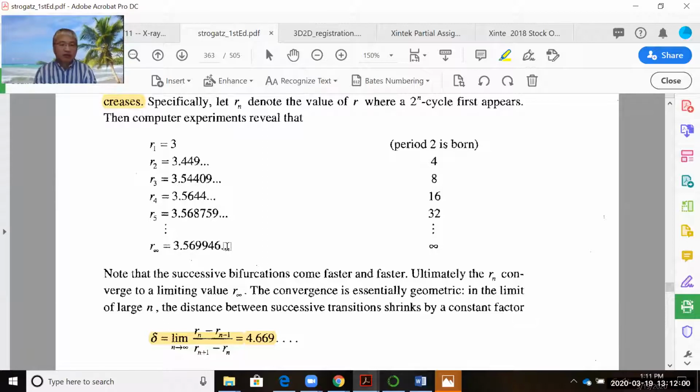Once beyond this, the attractor can no longer be described as period doubling. It's a set of infinite number of points, and the system jumps around between them. We call that object a chaotic object.